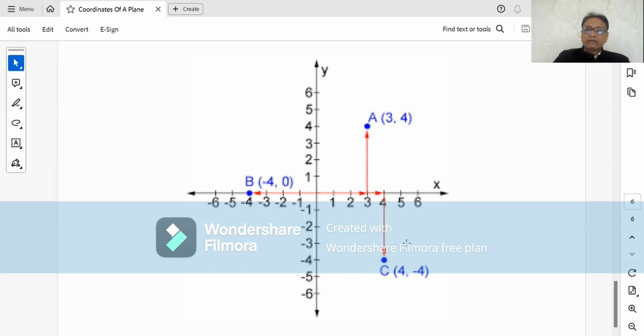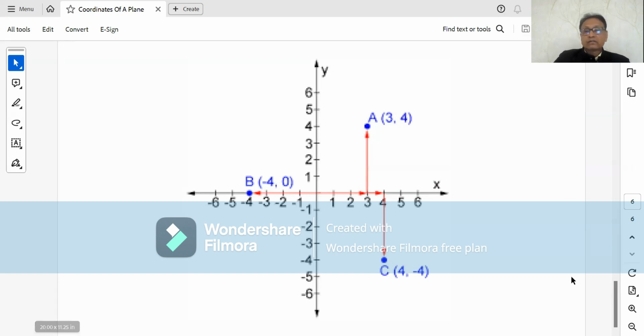So this way, any point in the space can be represented with coordinates, x coordinate and y coordinate. This x coordinate is also called abscissa, and this y coordinate, second part, is also called ordinate.